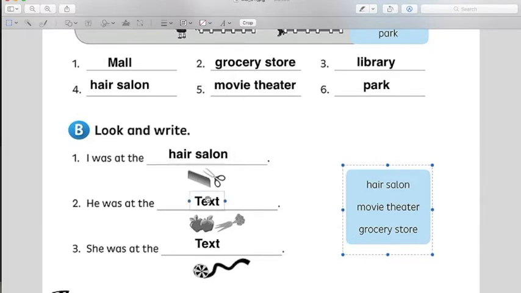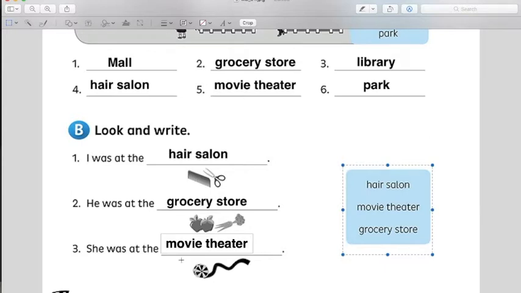Where do you get apples and carrots? At the grocery store. So he was at the grocery store. And the last one, so we have grocery store and hair salon, so the last one is movie theater. She was at the movie theater.